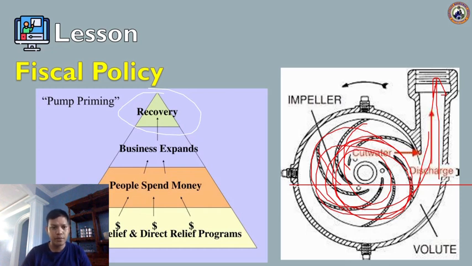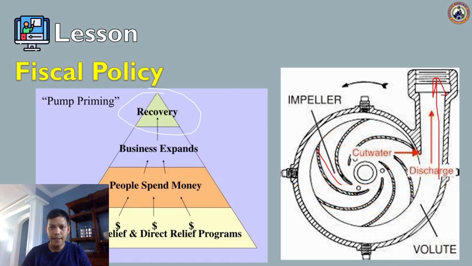Just like I have mentioned a while ago in this literal pump priming. Okay, for example, the water here is stagnant. But if they use this kind of machinery, it will pump the water and it will go up. Okay, so the spending of the public or buyers will increase as well.